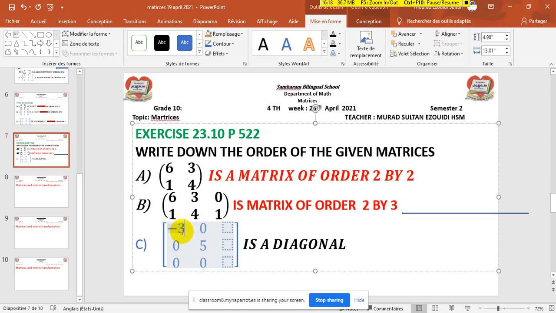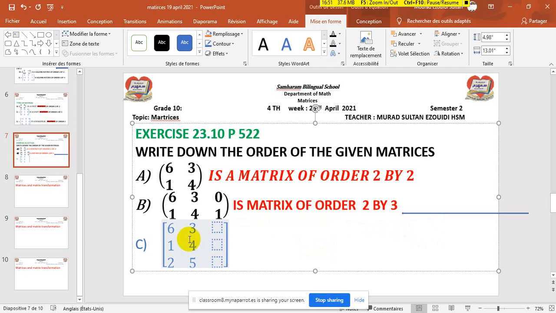So we have 6, 3, 6, then we have 1, 2, 1, this is 2, then we have 3, 4, 5, 3, 4, and 5. My daughters, what is the order of this matrix? This one, I mean, only this one. Clear? I will make this copy.